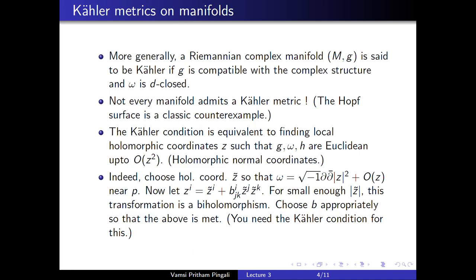So if you substitute this in the change of coordinates formula, you can choose a B so that the first order term gets cancelled out. But if you just do this calculation, you'll see that you need some sort of a symmetry in the first order term to make sure that you can find a B that cancels it out. That symmetry is precisely the Kähler condition. Okay, please do it as an exercise so you'll see why you need the Kähler condition.